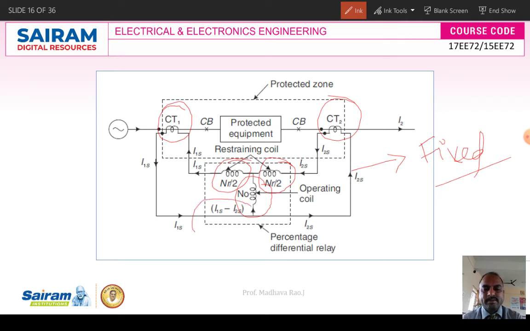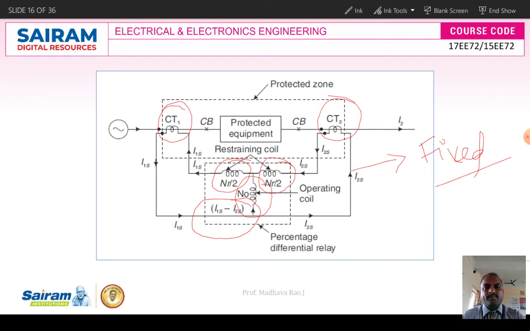When the restraining coil and operating coil currents are not matching, that is, the operating coil current is not equal to 0, the system trips and protects the system.